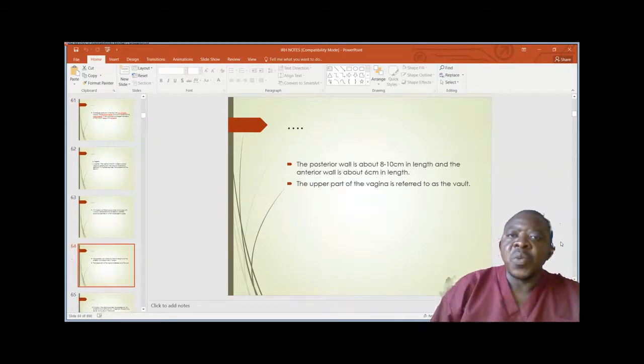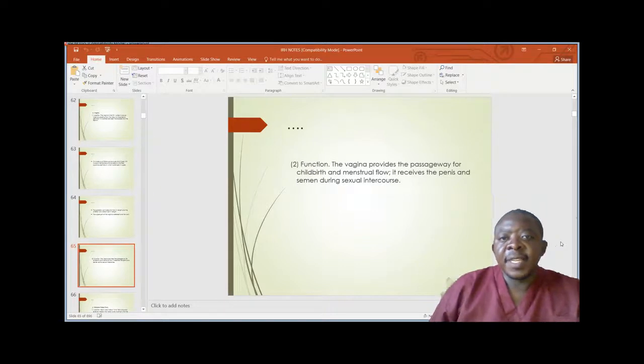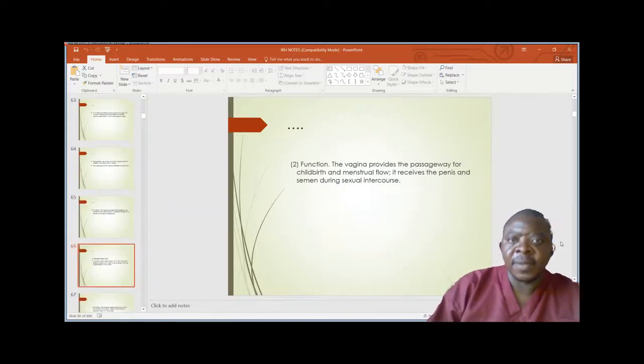The posterior wall is about 8 to 10 centimeters in length and the anterior wall is about 6 centimeters in length. The upper part of the vagina is referred to as the vault. Second function: the vagina provides the passage for childbirth and menstrual flow. It receives the penis and semen during sexual intercourse.